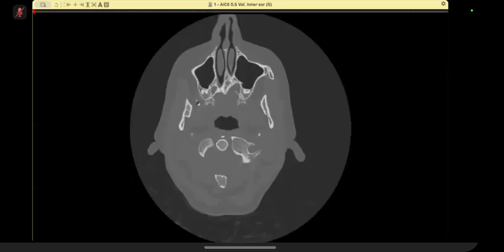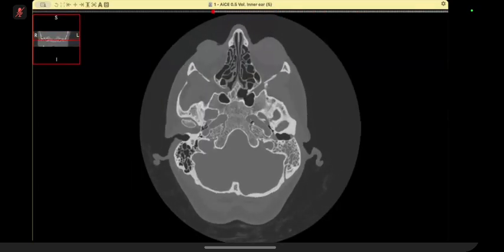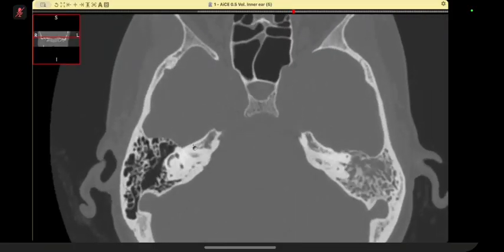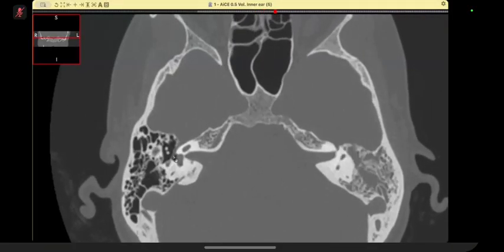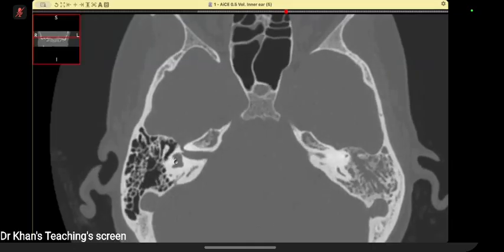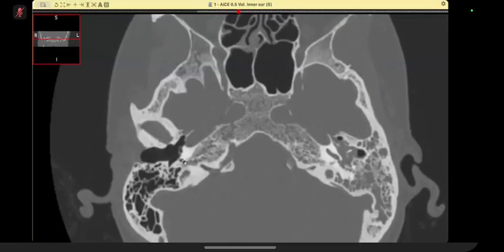And on an axial, this is the territory of pars flaccida. If you see here, this is the external auditory canal. And if you go to the epitympanum, this portion is what we call the Prussak space, where the pars flaccida is. On the other hand, pars tensa.